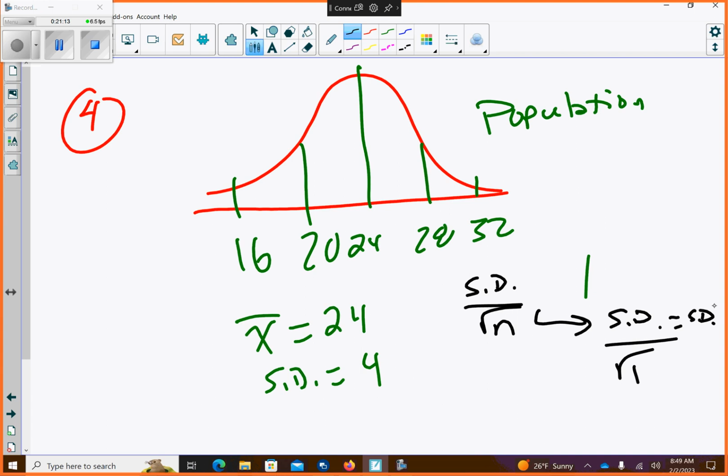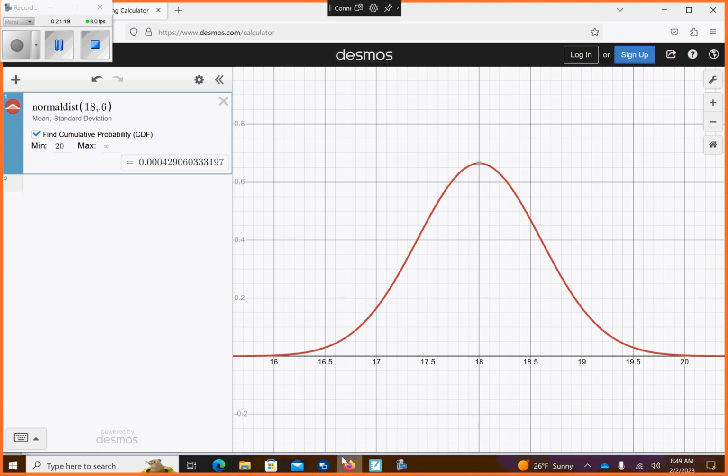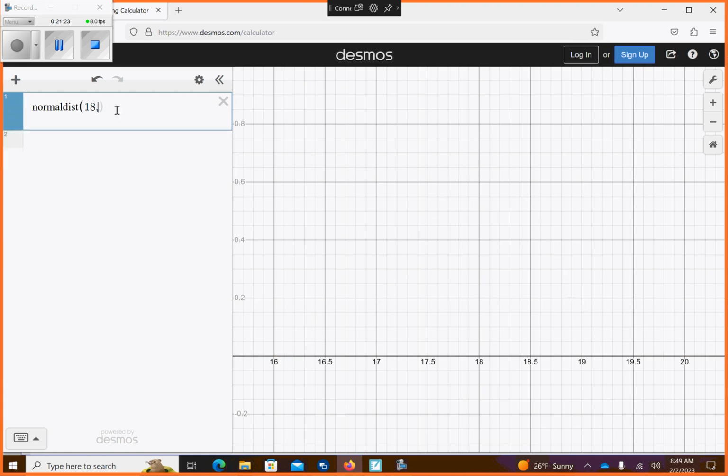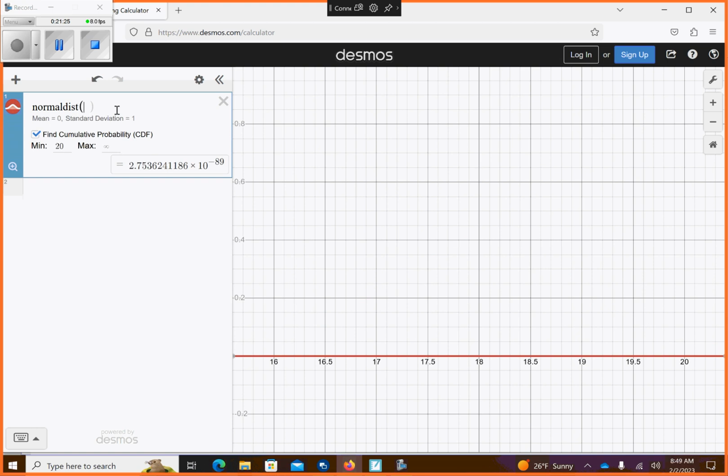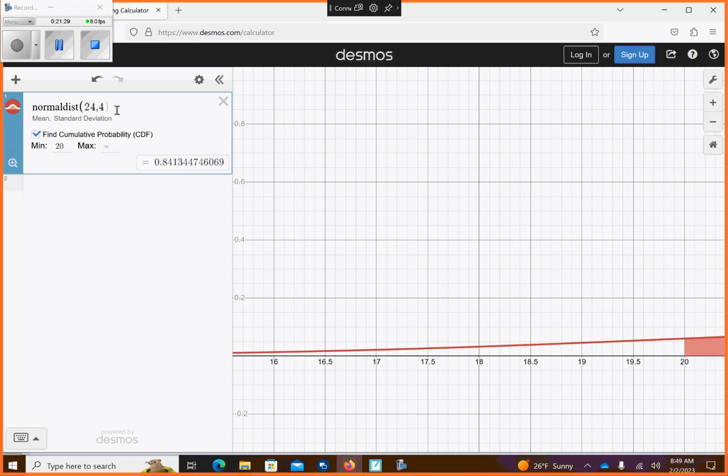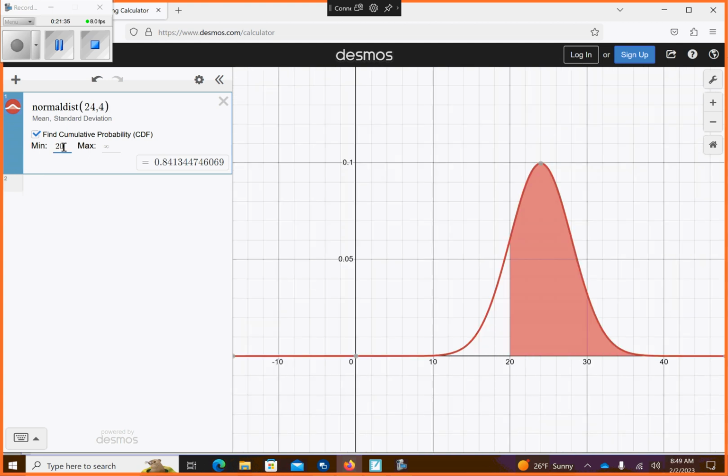So then we want to know, what's the chance that this person is going to score 29 or more in this situation? Because we're talking about one person, it's going to work. So I'm going to go to my normal distribution, and I'm going to change my mean to 24, and I'm going to change my standard deviation to 4. And then we want to know what's the chance that our person scores 29 or more points.